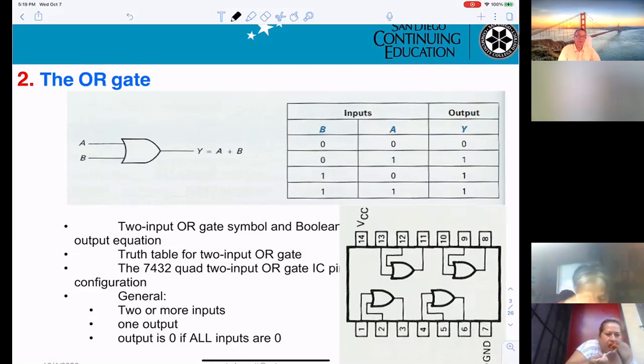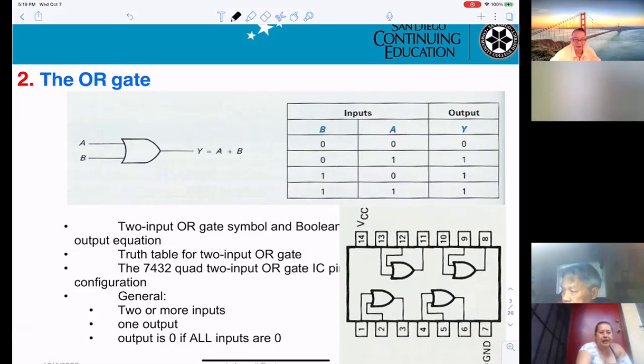However, same thing, you must remember: if any one input is at logic 1, the output must be 1. It doesn't matter what the other input is.